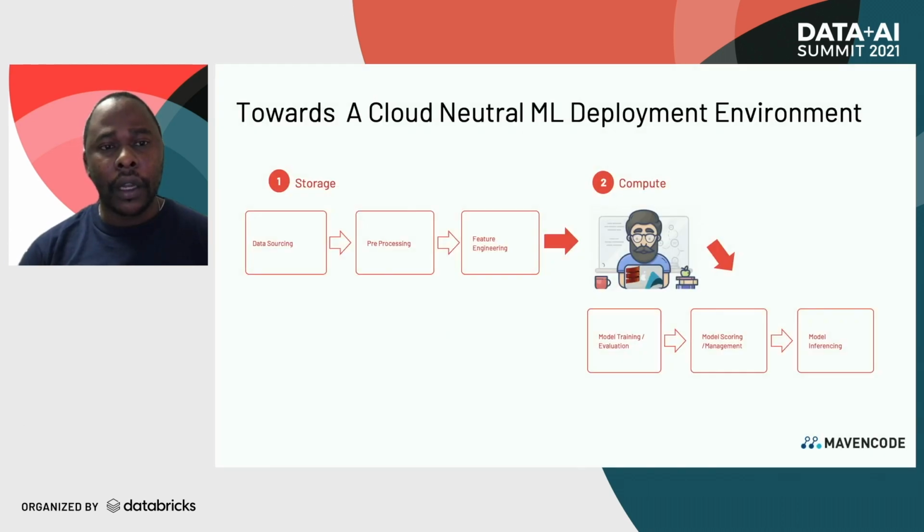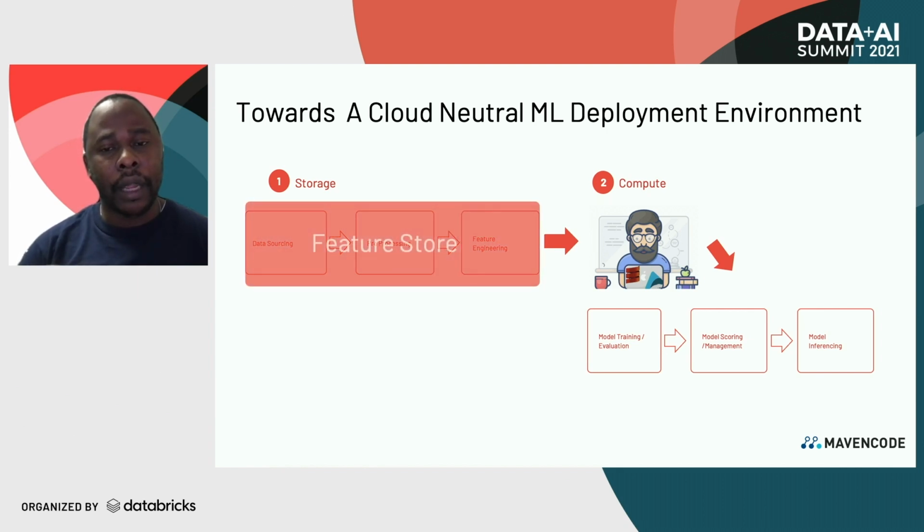Instead of having it that way, why not have a kind of cloud neutral deployment where we can abstract a lot of things that we're doing, such that our storage can be seen by the data scientist as a feature store. They don't have to go through all the process of pre-processing the data, getting the data from all the sources, and combining the data or doing aggregation and things like that. Can we expose the data to them just as a feature store?